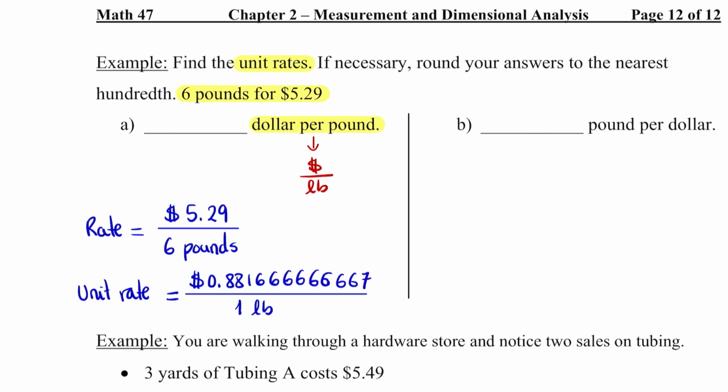Over 1 pound. Remember, the unit rate always has a denominator of 1. The question is asking me to round to the nearest hundredth, which is 2 decimal places. The digit to the right of 8 is 1, so I round down. So it's 88 cents for 1 pound, which is 88 cents per pound. So if you buy 6 pounds of something for $5.29, that means you pay 88 cents per pound.